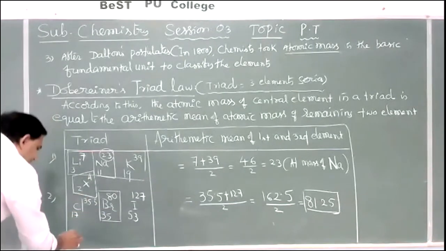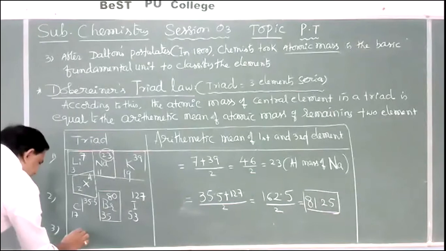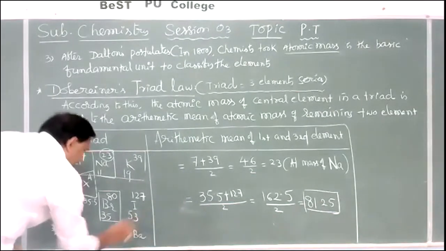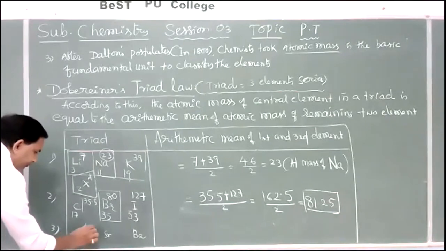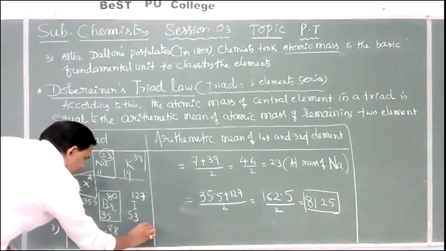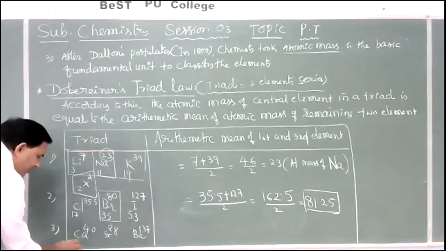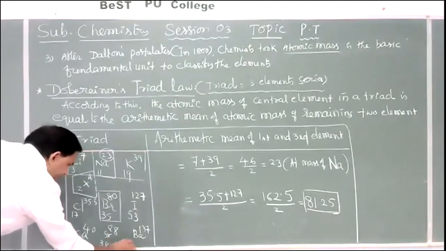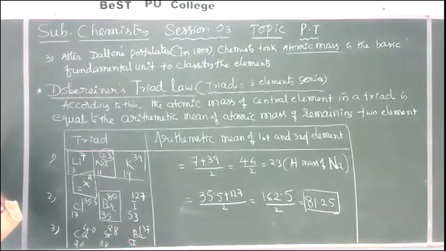Similarly, your third example is calcium, strontium, and barium. Now it is 40, 88, 137. The atomic numbers here are 20, 38, 56.